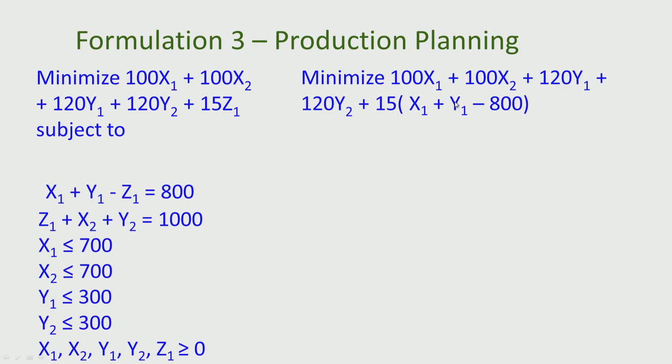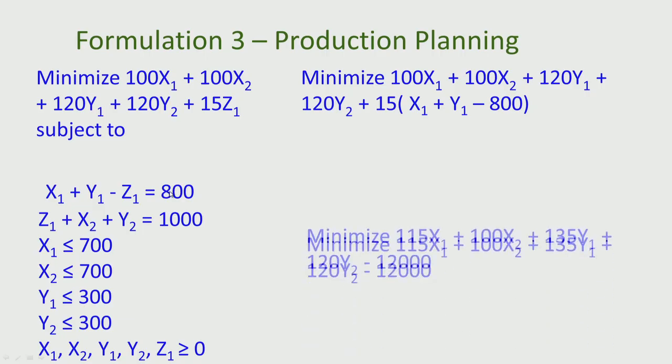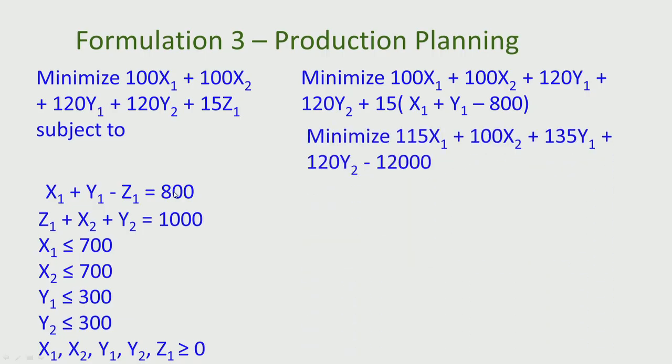So, I am eliminating the variable z1 and writing it as 15 into x1 plus y1 minus 800. This is rewritten on simplification as 115 x1 plus 100 x2 plus 135 y1 plus 120 y2 minus 12,000.